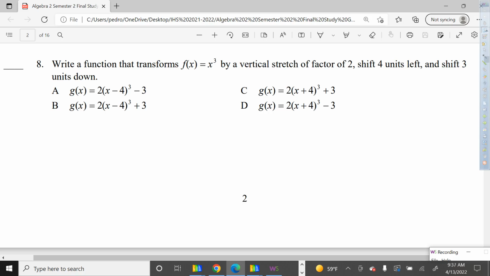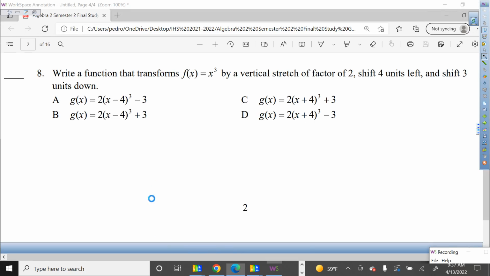So first of all, without looking at your notes, turn to your neighbor and let them know the general rule for transformations. What's the general rule? General rule. Let's see.